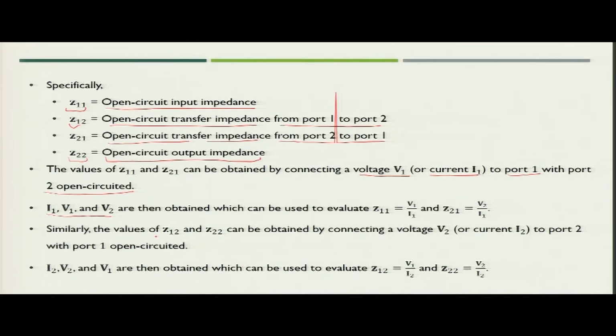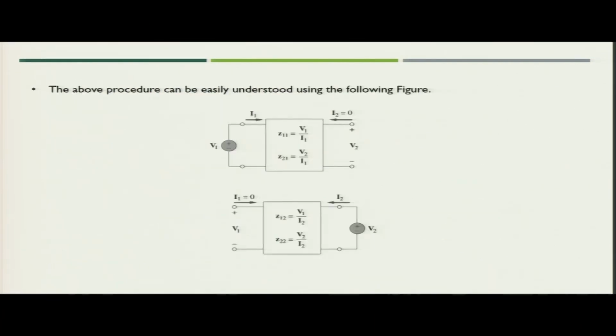Similarly, if you need to find the values of Z12 and Z22, you connect voltage V2 or current I2 to port 2 and keep port 1 open circuited. Then you find the values of I2, V2 and V1, and based on these you can calculate Z12 as V1 upon I2 and Z22 as V2 upon I2.